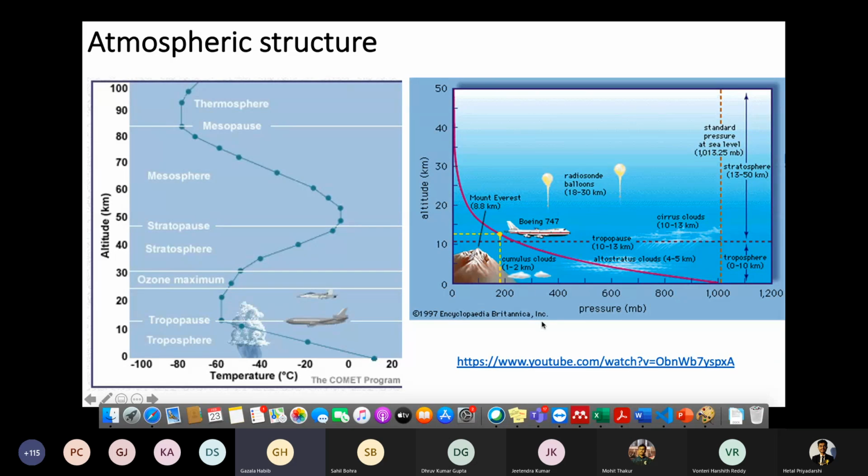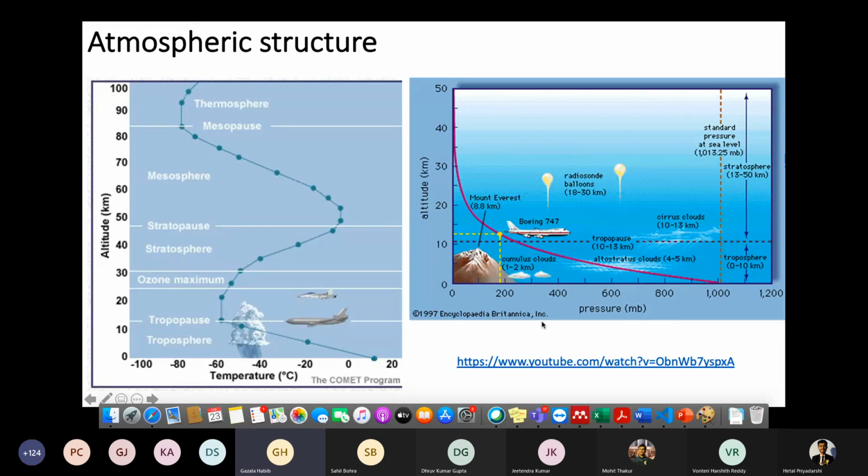In the troposphere, the temperature is decreasing because of the distance from the sun, or you can say the earth's surface, which is heated by the sun. As this distance increases, the temperature decreases. So basically in the troposphere, the temperature change is governed by heating of the earth surface.